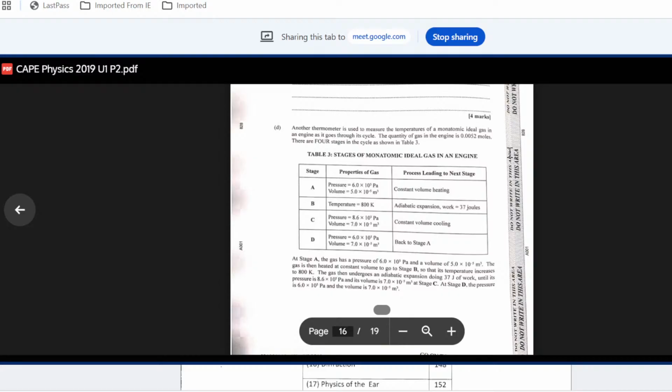What do you remember about it? What's the significance of that? That stage B is the adiabatic.